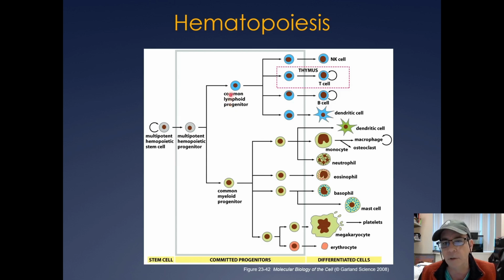If it's a lymphoid progenitor, it'll eventually give rise to natural killer cells, T cells, B cells, and dendritic cells. Whereas if it's a common myeloid progenitor, you'll get macrophages, neutrophils, eosinophils, basophils, mast cells, and the megakaryocytes will eventually form the platelets, and then your erythrocyte.